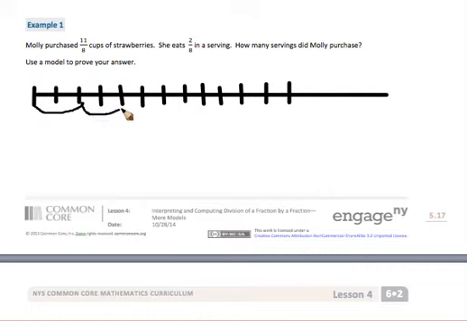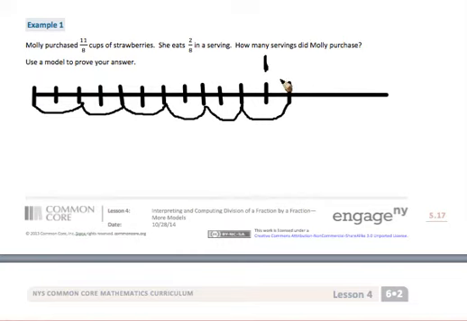There's 1 serving, there's 2, there's 3, there's 4, there's 5, and this would be 6. But remember, when we count up 1, 2, 3, 4, 5, 6, 7, 8, 9, 10, 11, this is where we ended right here.